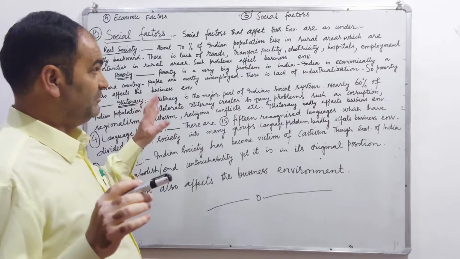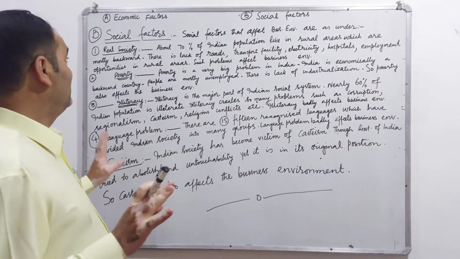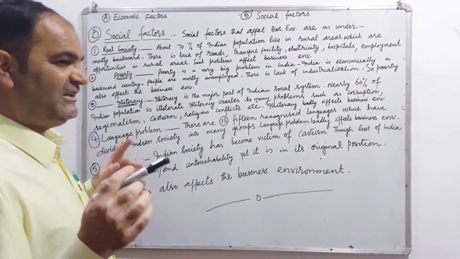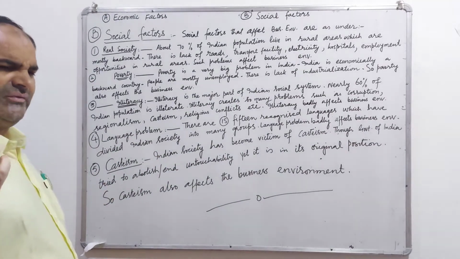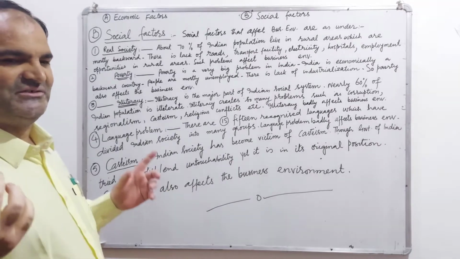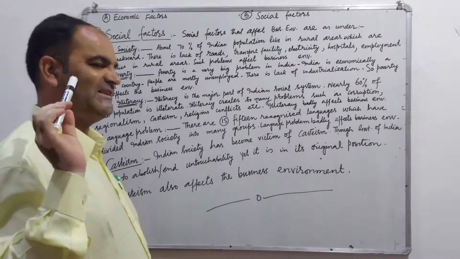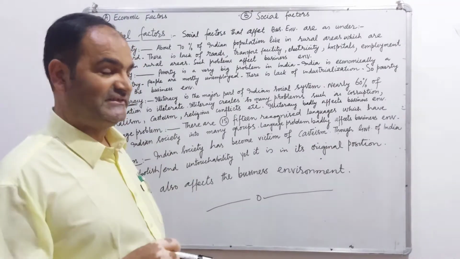But people living in these areas are poor. They are illiterate, they are backward in each and every respect. So, why are they backward? There is lack of most of the facilities which are necessary for human beings.